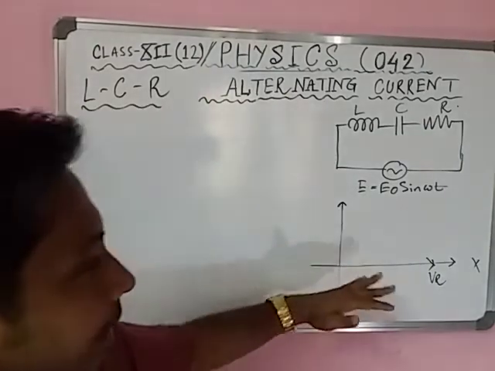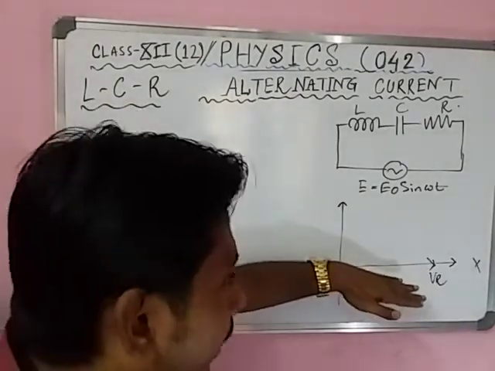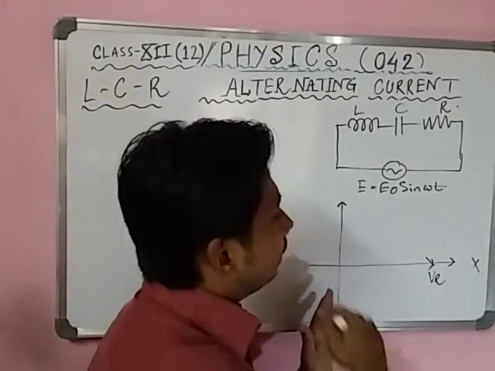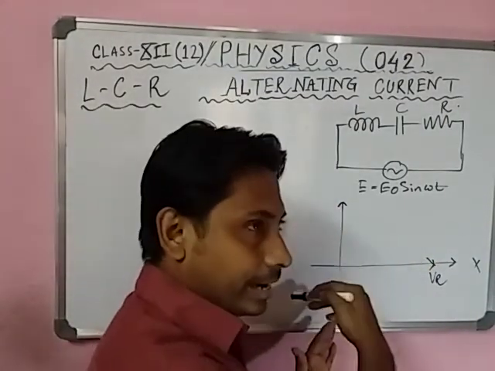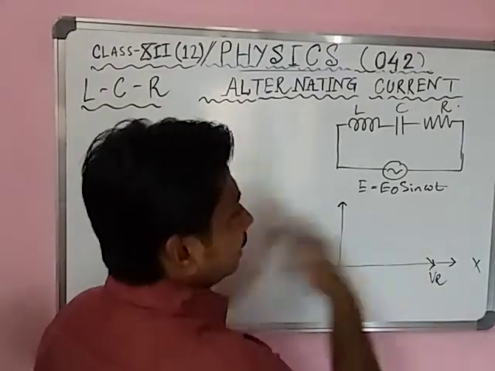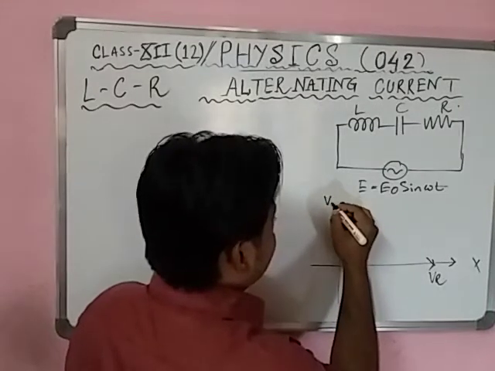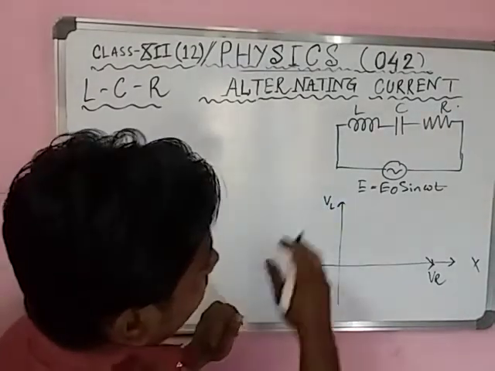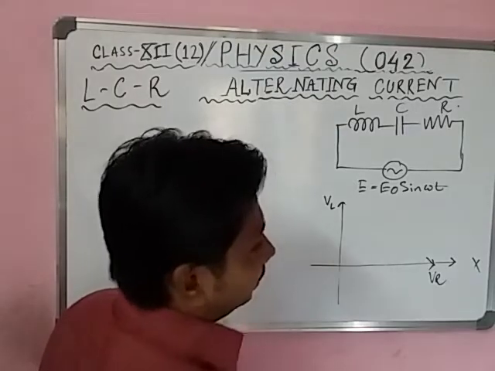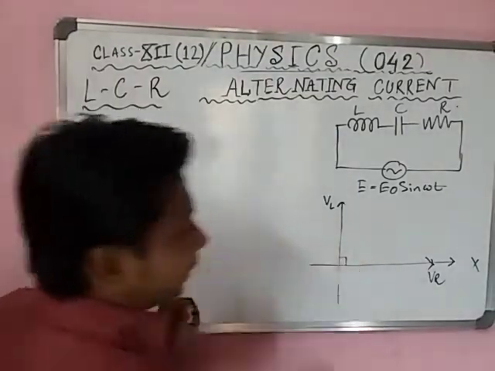Now VL leads the current by 90 degrees. So if we think VR is the direction of current, then VL will be this. Here the phase difference is 90 degrees.